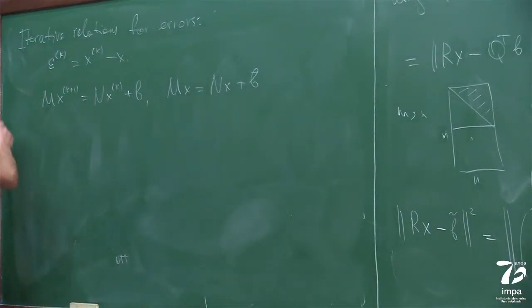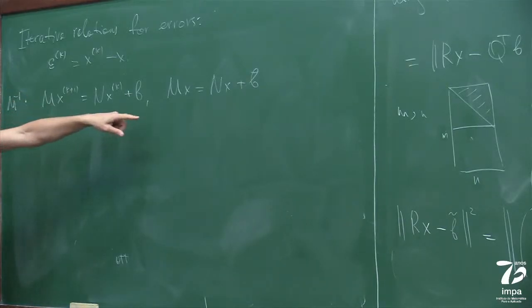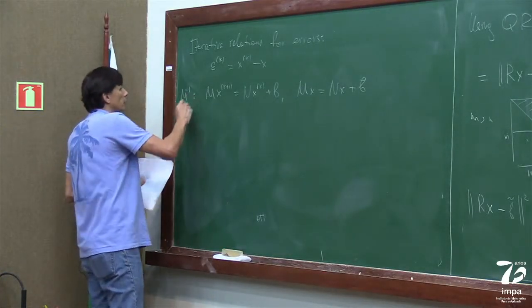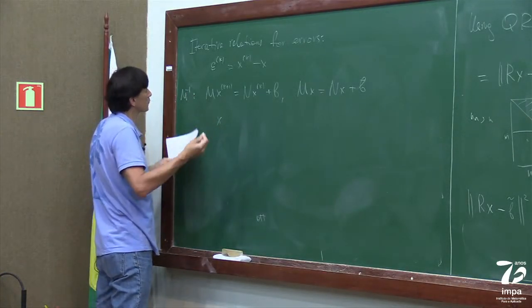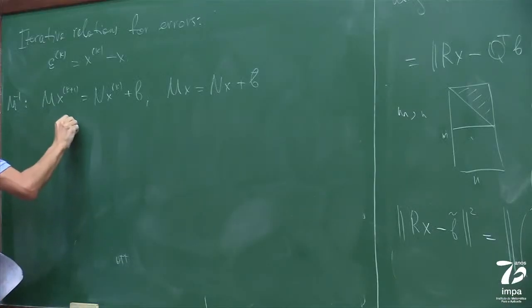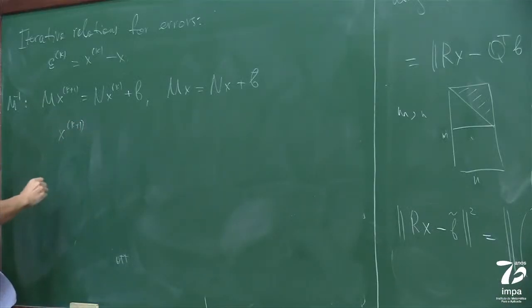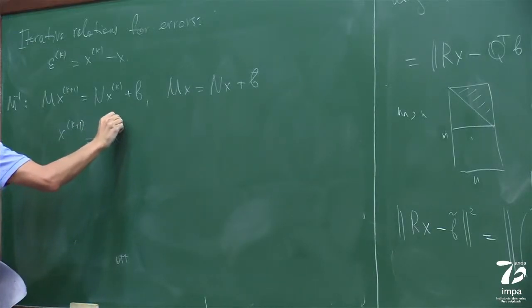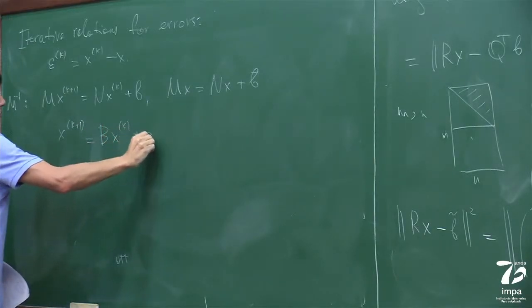Okay, we multiply everything by M minus 1. Multiplying everything by M minus 1 means solving this system, and we know that we can solve it easily. So essentially, for the proof, we just multiply by M minus 1. So this will be clean: x k plus 1 equals B xk plus c.